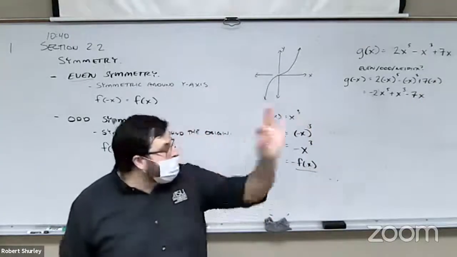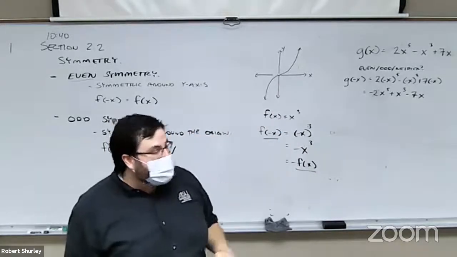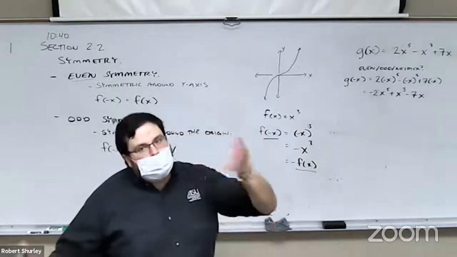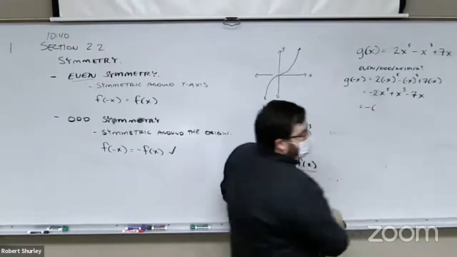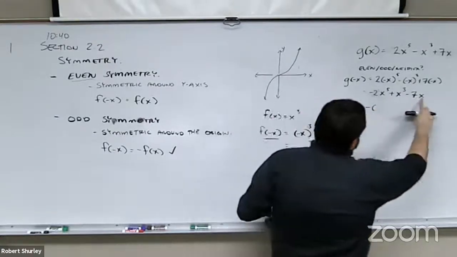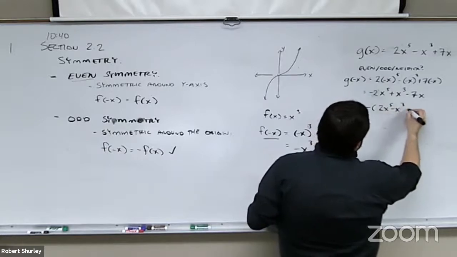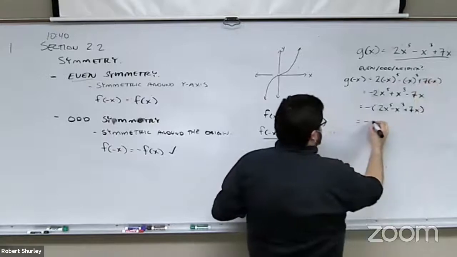For this one, it's 3. If all 3 change, then it's odd. Now, algebraically, you don't have to show it, but to show that, you would factor a negative out. If we factored a negative out of these 3 terms, we'd have 2x to the fifth minus x cubed plus 7x. We'd have the original function.